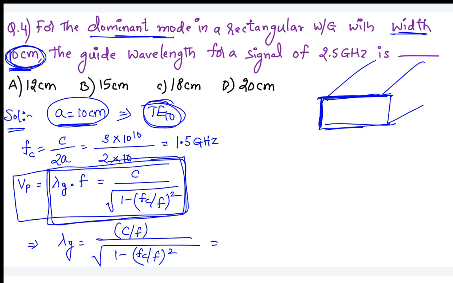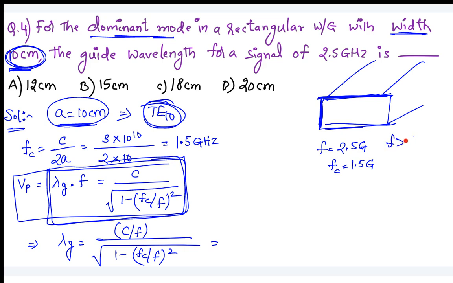First of all, will this signal propagate inside or not? You are getting f equal to 2.5 giga and fc as 1.5 giga. Yes, it will propagate, correct? f is greater than fc.